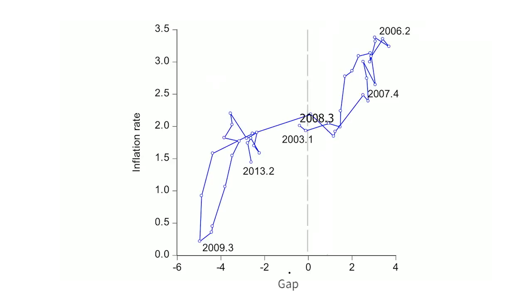So again, you just look carefully at these points. We're starting the plots in 2003 first quarter, and then we're seeing how these move over time up towards 2006 at the top, and then it's coming down 2007, 2008 you can see, and then it's moving over to the left, all the way down to the bottom, 2009, and then back up to 2013.